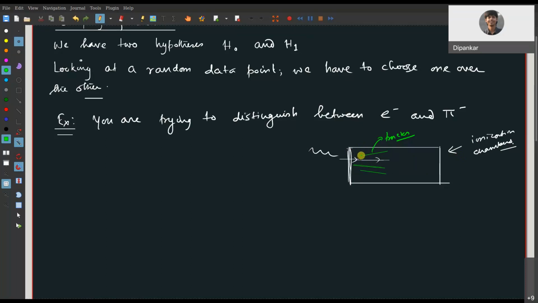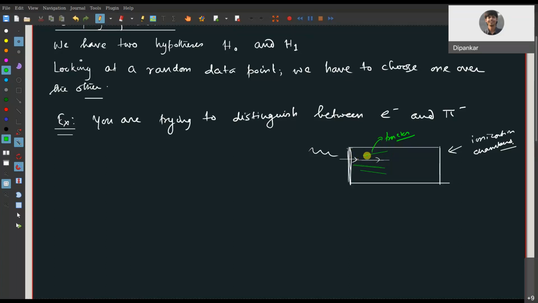Ionize means it will knock off electrons from the outer shells. This track length would be a measurement of the energy of a particle, and it can also reveal the identity of the particle.